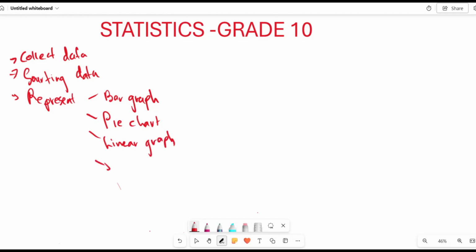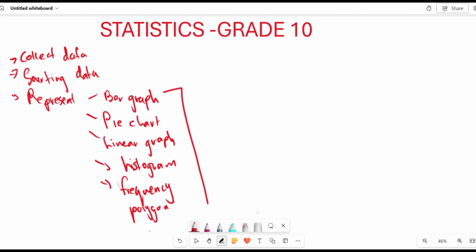We can use our histogram. What else can we use now? We can also use one thing that we call our frequency polygon to represent our particular data, right?